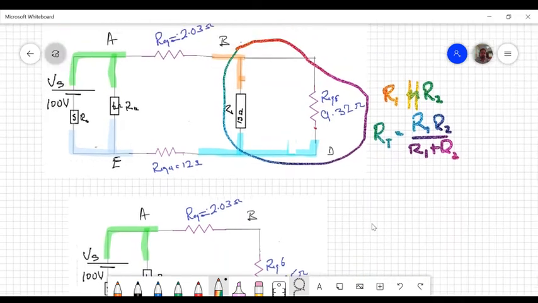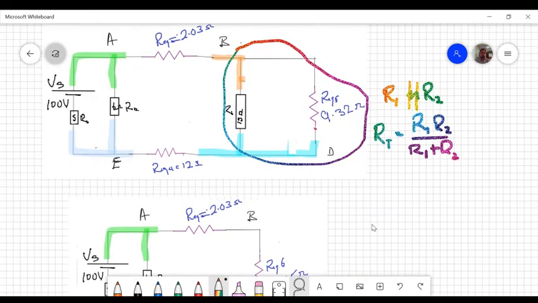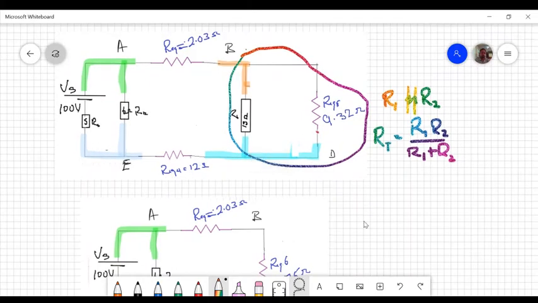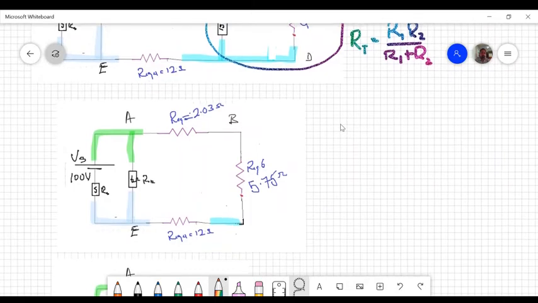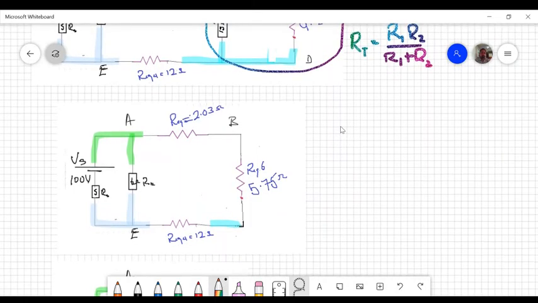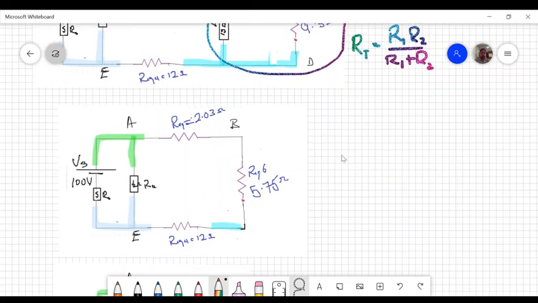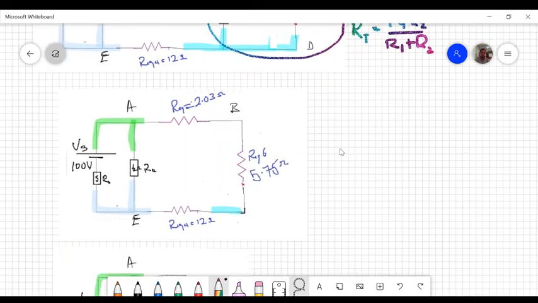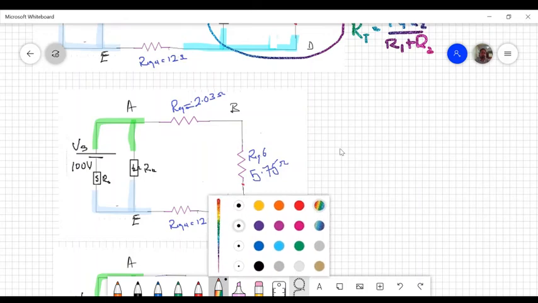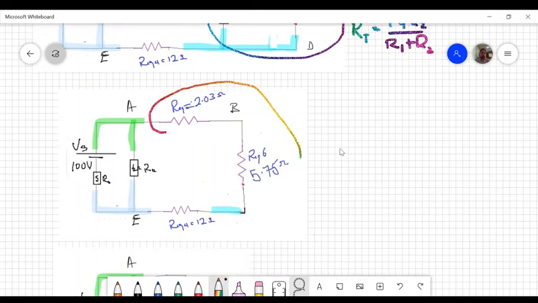But notice we still have 2.03 and 12 in the circuit, so we can't touch them yet. So replacing that parallel combination, we get this. Again, if you look at this circuit, you will see that you have these three resistors in series.